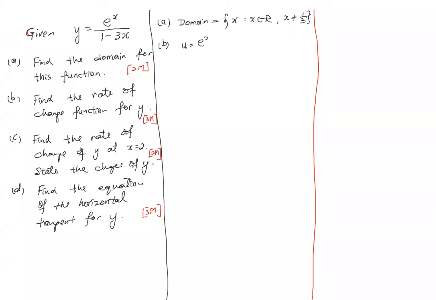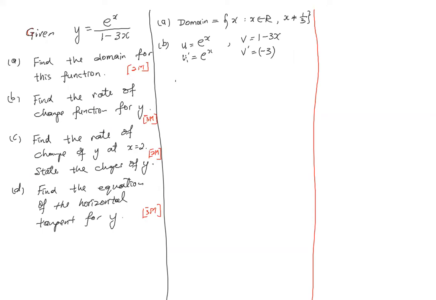So what is your u prime? e to the power of x also. Okay, so what is your v? 1 minus 3x. So what is your v prime? Negative 3. Usually if I see a negative number, I prefer to bracket it up. That's my habit. That should be a good habit.